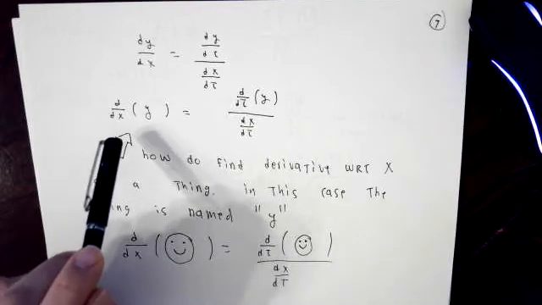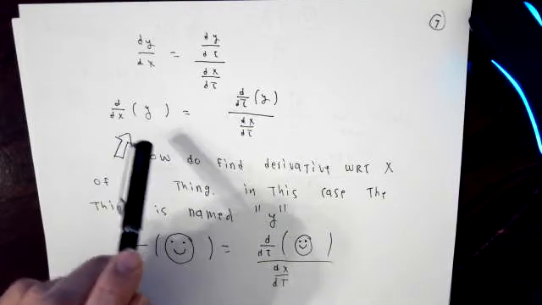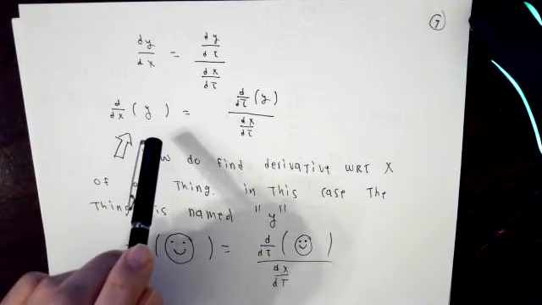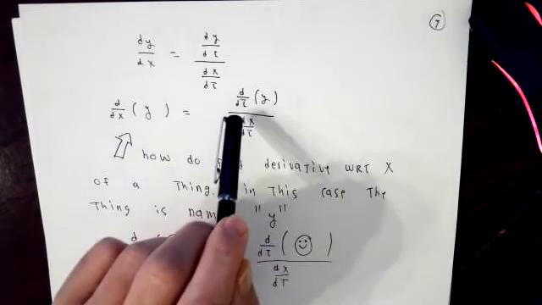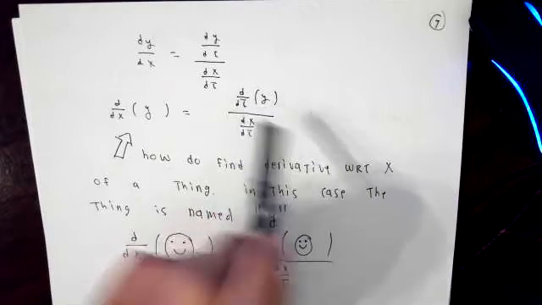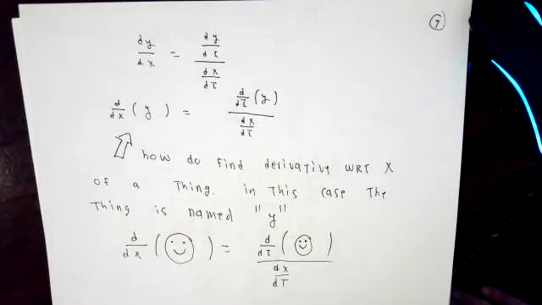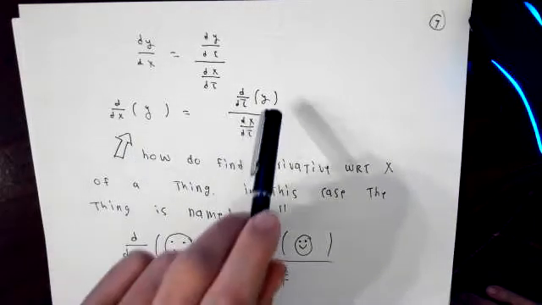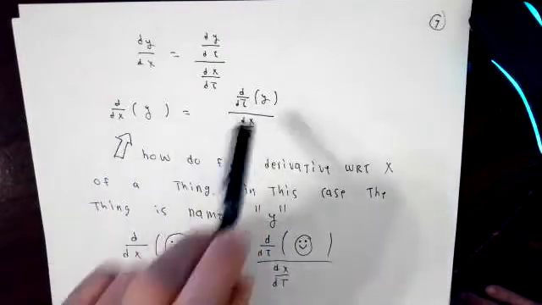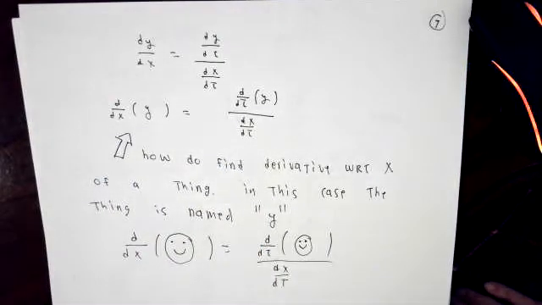The way you do d/dx of something is this: you do d/dt of the something divided by dx/dt. The something really is just a bookmark. You could put anything inside these parentheses, and as long as you put the same thing in both parentheses, the statement would still be true.